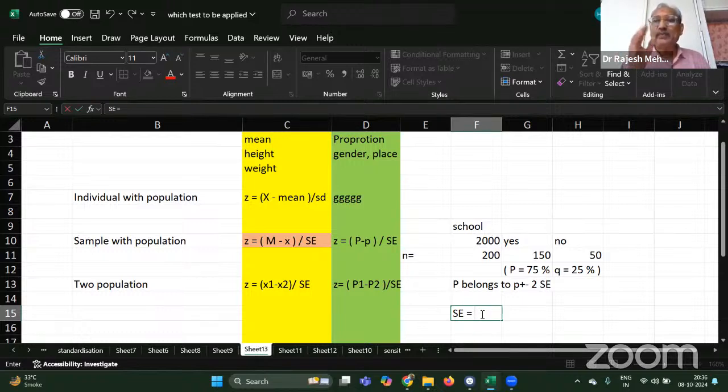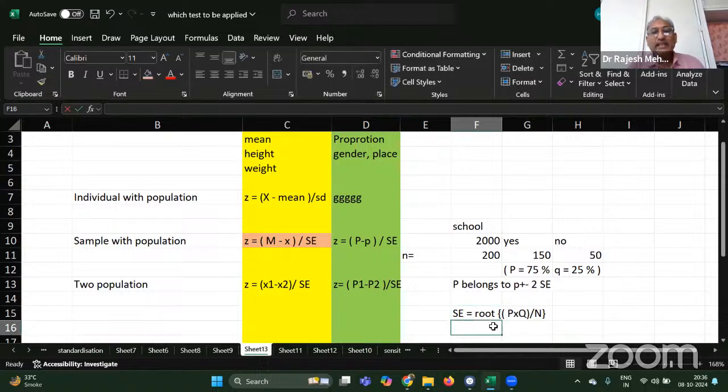Instead of SD into SD upon n, we use P into Q. So we say root of P into Q divided by the sample size. This is the formula for the standard error of proportion.